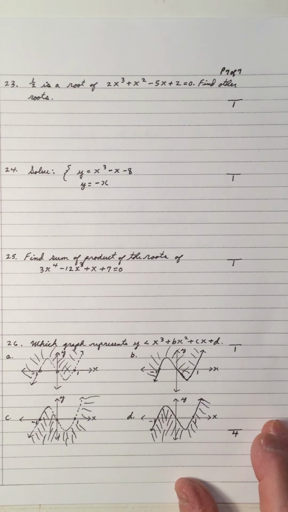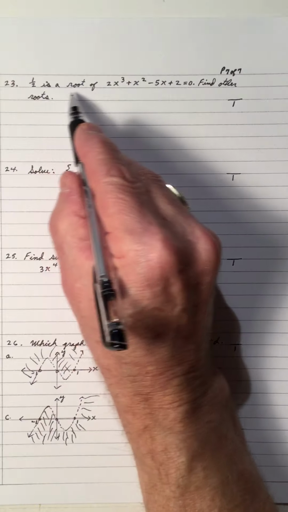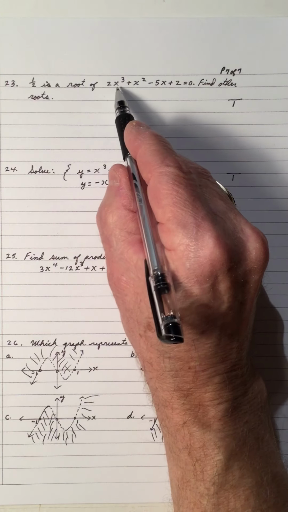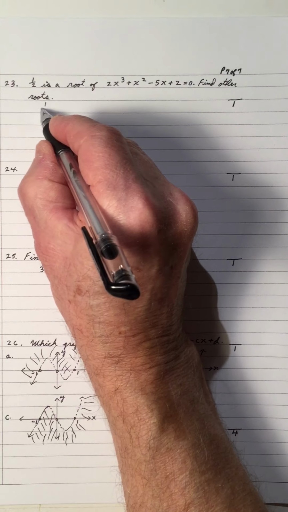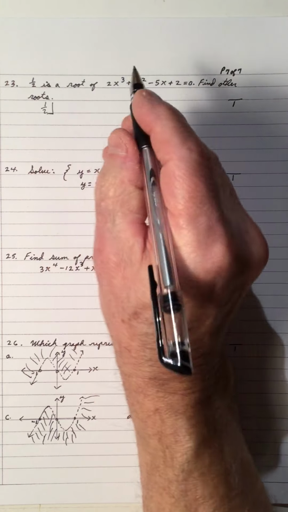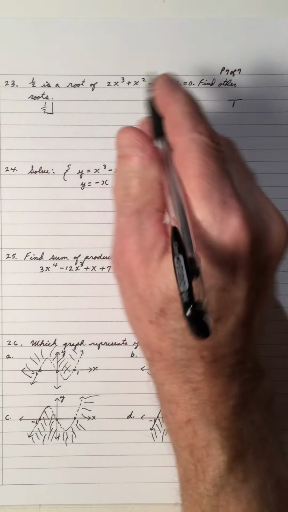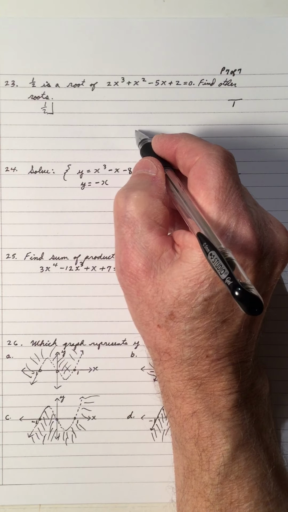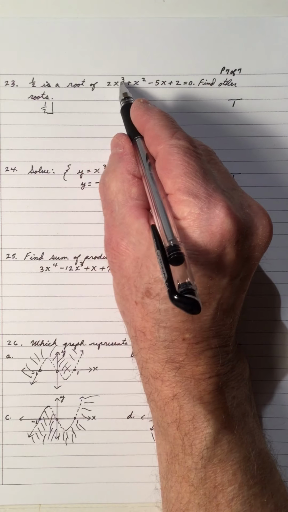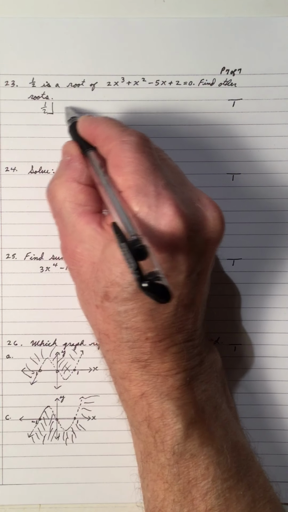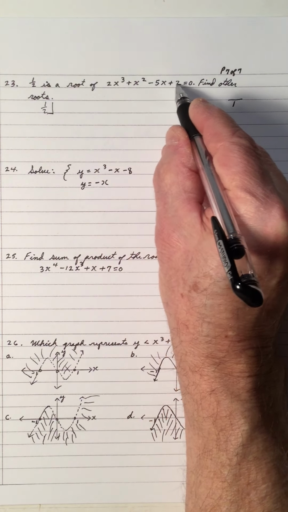23, just the last page. 1 is a root of this equation. It's a cubic equation. There's 3 roots. Find the others. So I'm going to do synthetic division, because when I do synthetic division, I'll get a remainder of 0, and I'll have a depressed equation that I'm going to solve. A cubic goes down to a quadratic. So I have descending order, important.